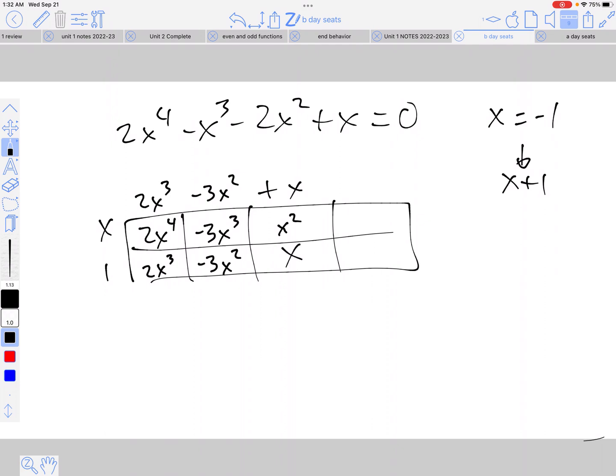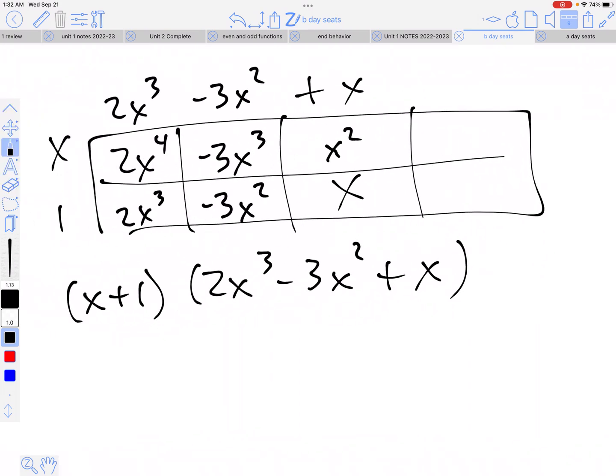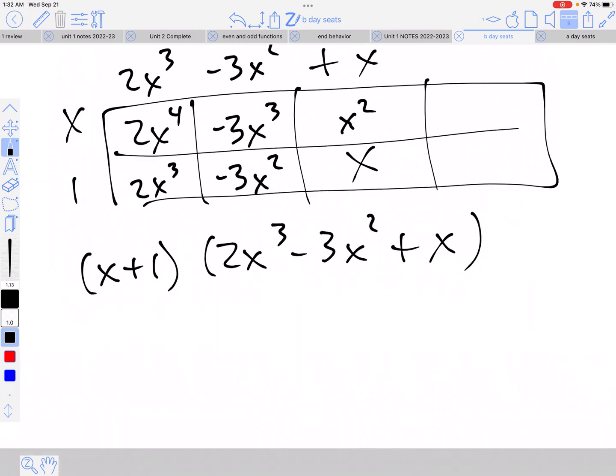And everything's accounted for, came out kind of nice. All right? So right now, I know that x plus 1 multiplies by 2x cubed minus 3x squared plus x. Now there is a GCF, but pretend that I still could not factor that, right? So I broke it down, but it's like, oh man, that's not a quadratic. I still can't factor it. Notice there is a GCF, so you actually can factor this one, okay?